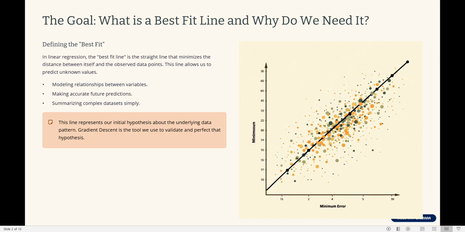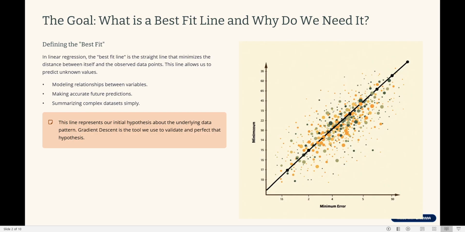This line is just a mathematical object. It's how we model the relationship between variables. For example, if we plot study hours on the x-axis and exam marks on the y-axis, the best fit line shows the trend of how more study hours relate to higher marks.